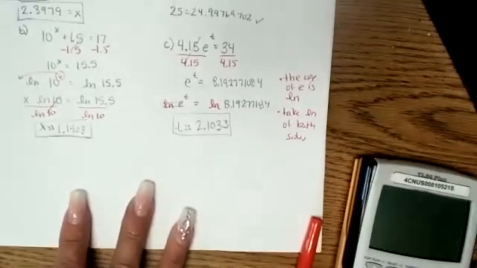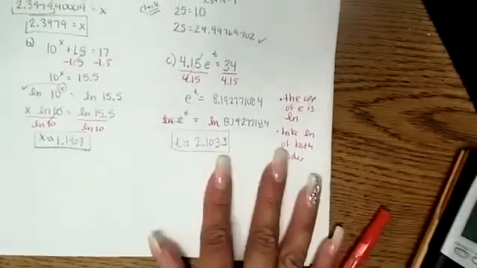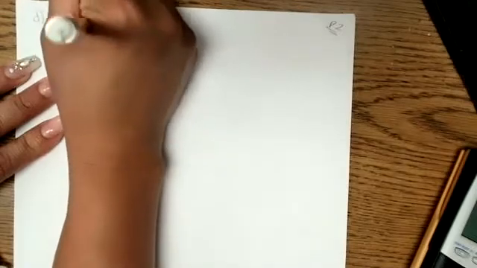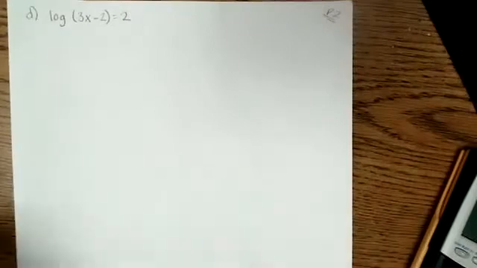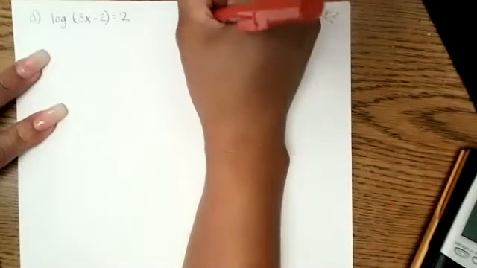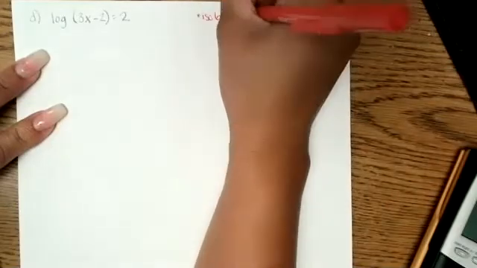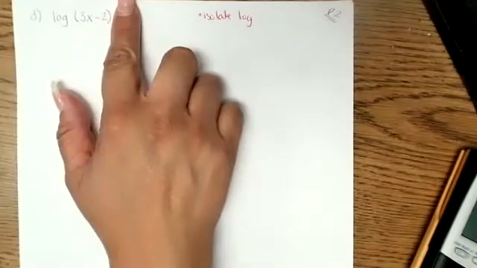All right, let's go on to example D. On this one, we need to isolate the logarithm. Well, in this case, it is. There's nothing in front of it or behind it.